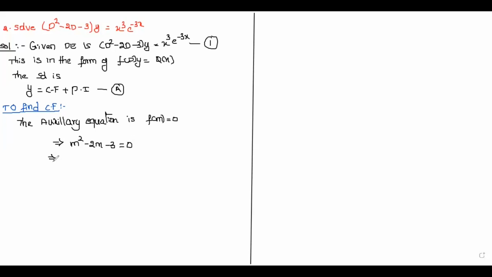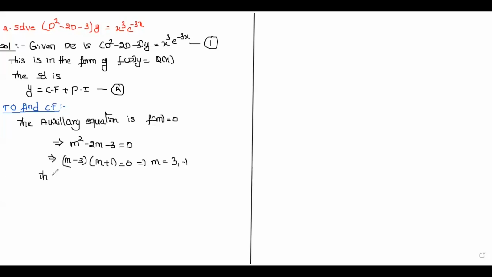If you factorize this term, it will be equal to m minus 3 into m plus 1 is equal to 0. So this implies the roots are m is equal to 3 comma minus 1.